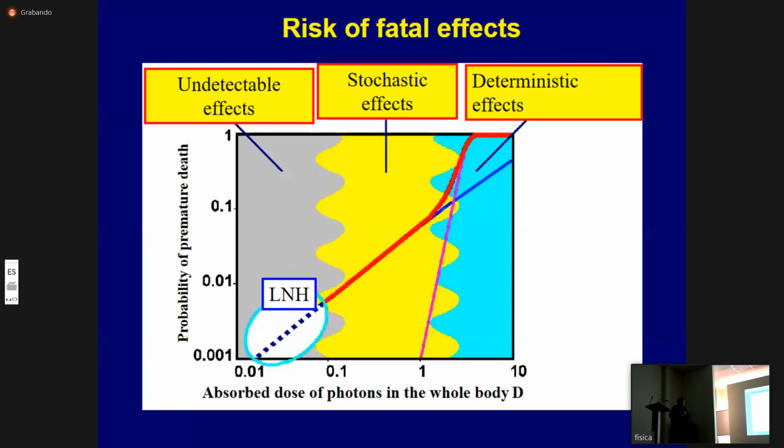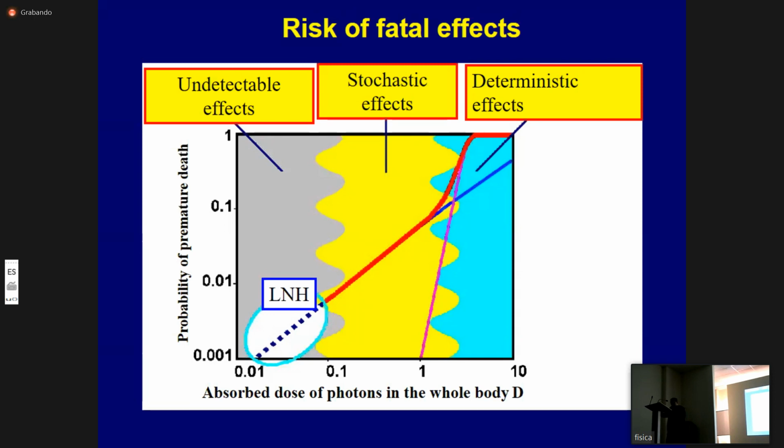This leads to competition between deterministic and stochastic effects of radiation as causes of premature death in exposed people. Take the red curve on the slide.